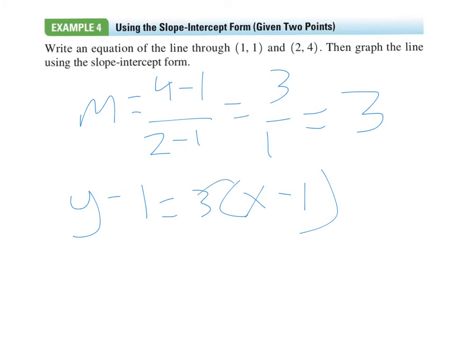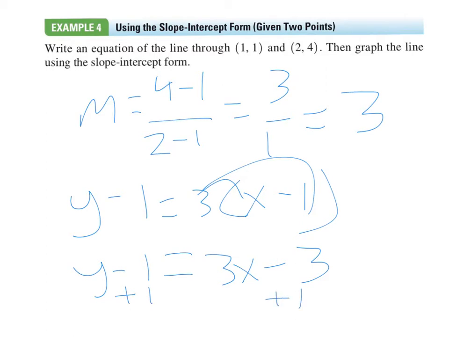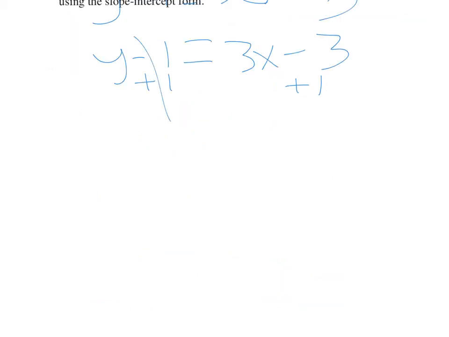So now, if you distribute, that'd be 3 times x, which is 3x, and then 3 times minus 1, which is minus 3. And then y minus 1. So if you add 1 now, you have y equals 3x minus 2.